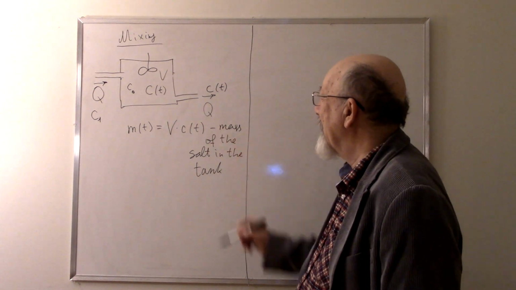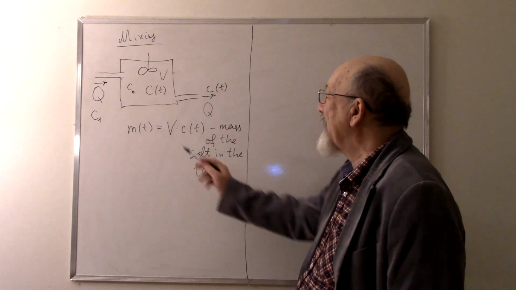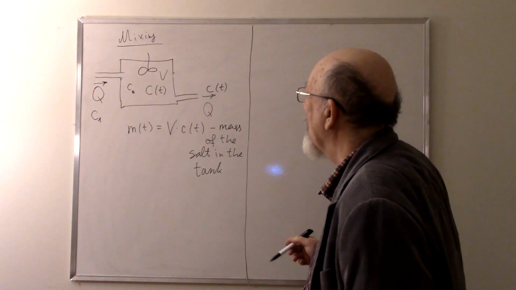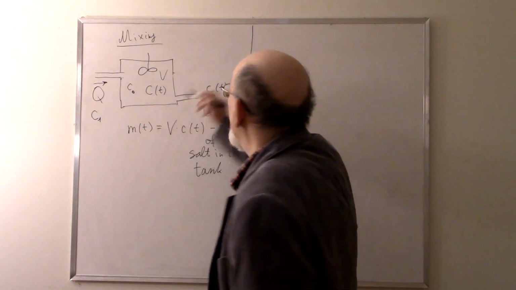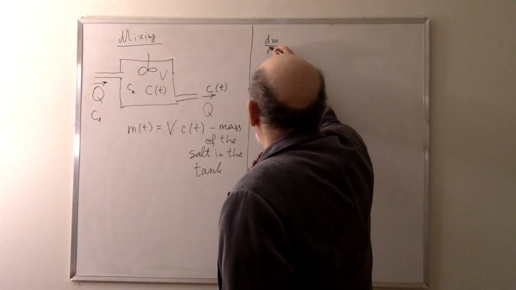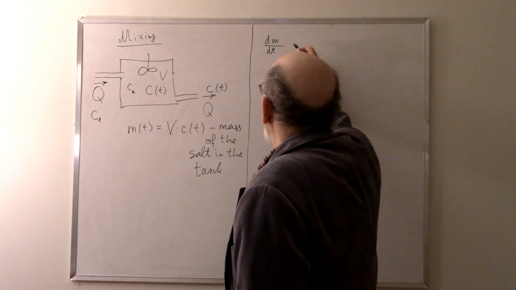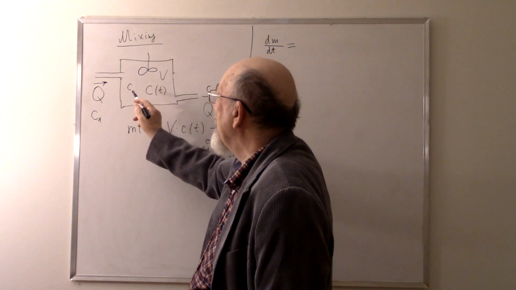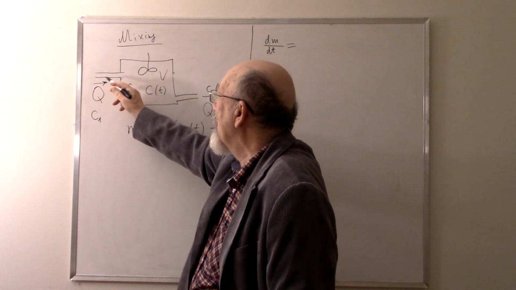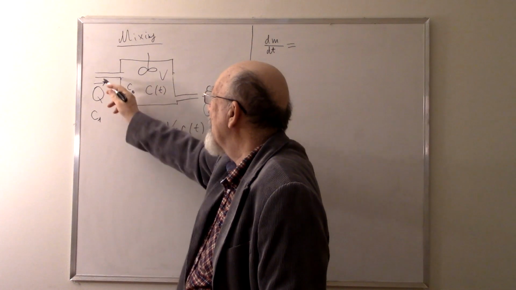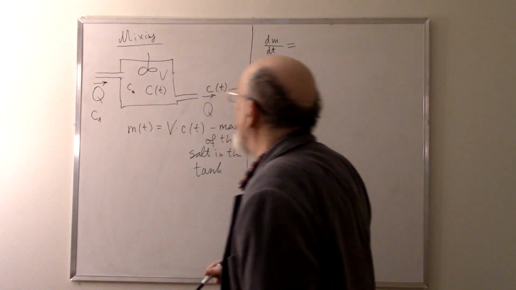And let us find a differential equation first for m of t. dm/dt equals the rate of entering of this salt through the input.